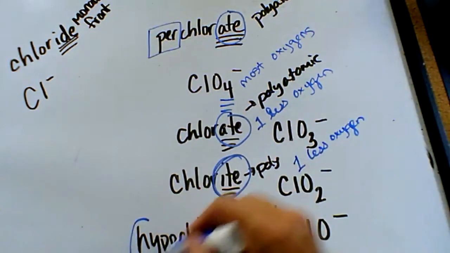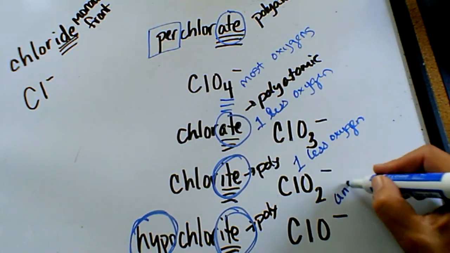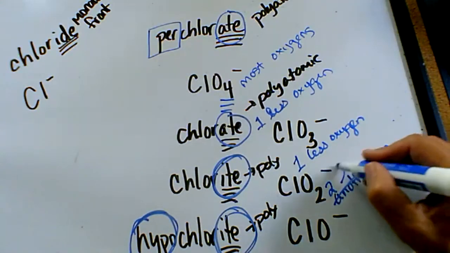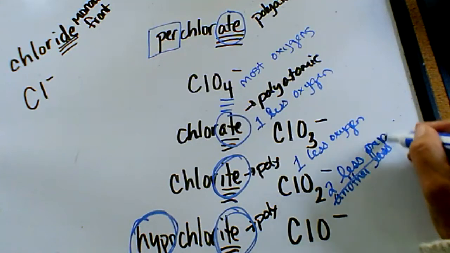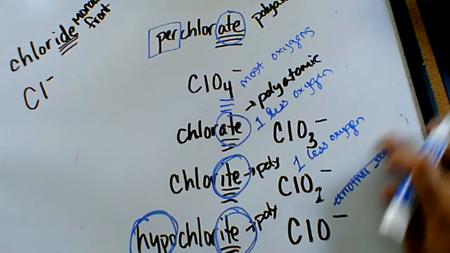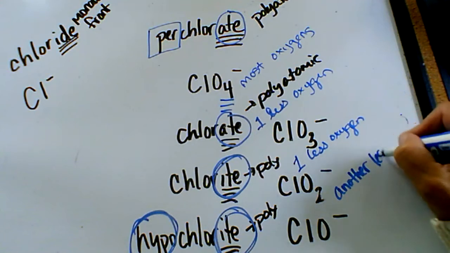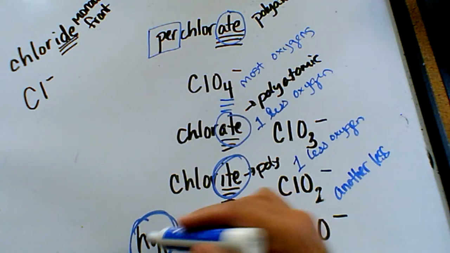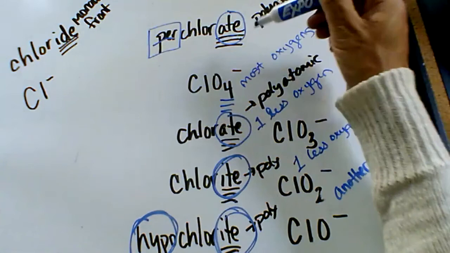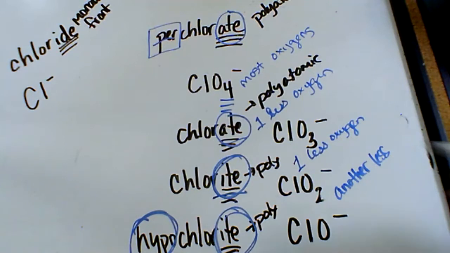And then I've got a hypoite, which means another less oxygen. I'm going to write another less oxygen because you don't know what it's less from. It's less from the ite. So it always goes per-ate, ate, ite, hypo-ite. Another less oxygen.